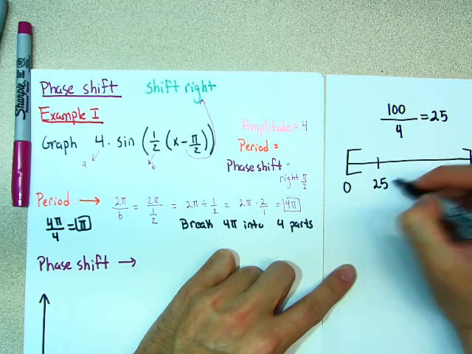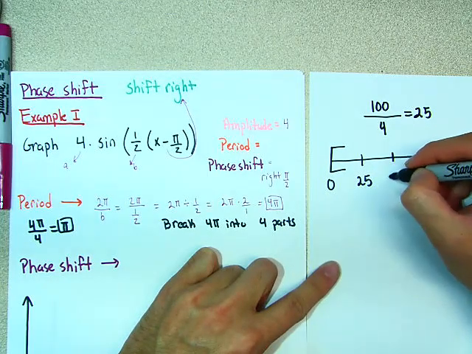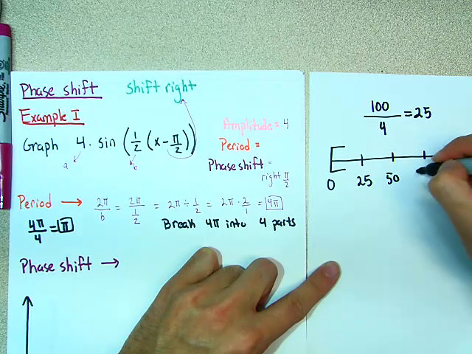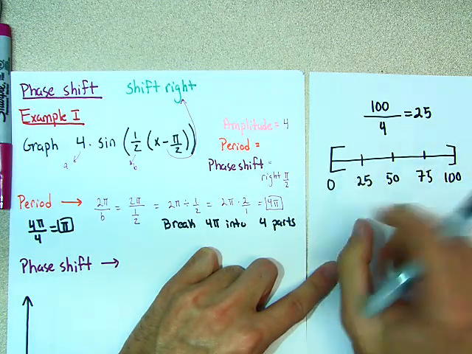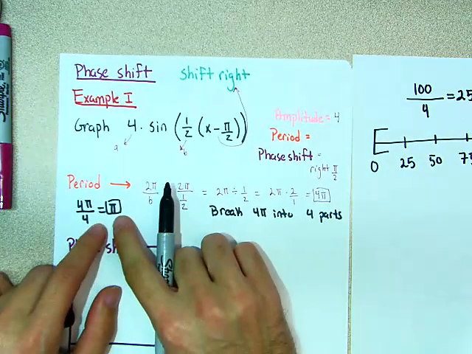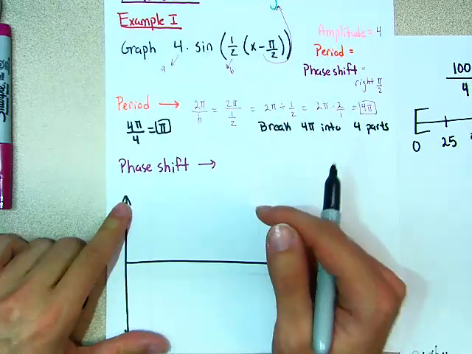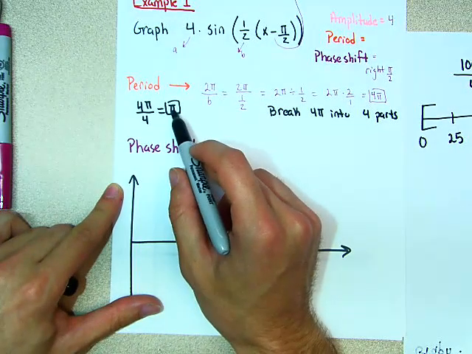One part is 25, and then how do I get to the next part? This is plus another 25, which is 50, then 75, and 100. And notice I have 4 equal parts. Well, we're just going to do the same thing over here. We just take that 4 pi and we break it into 4 equal parts. So what's our period? It's pi.